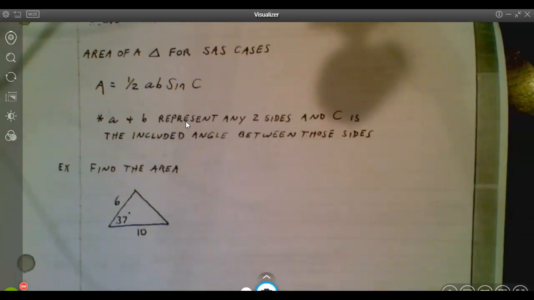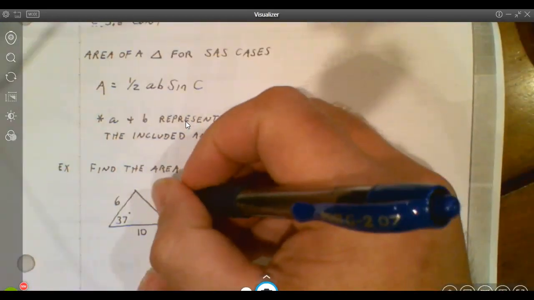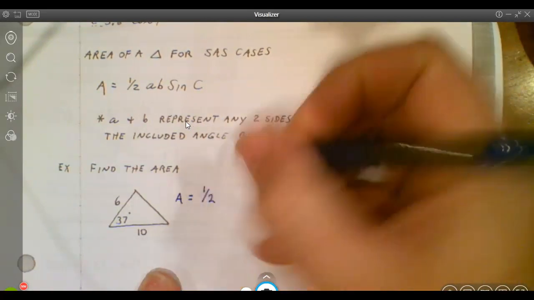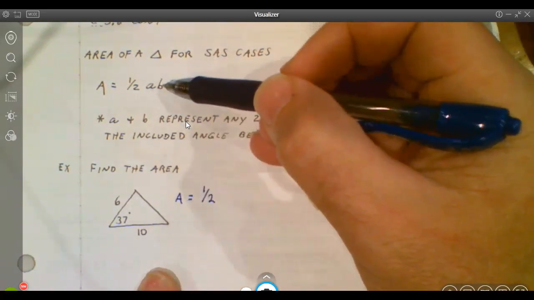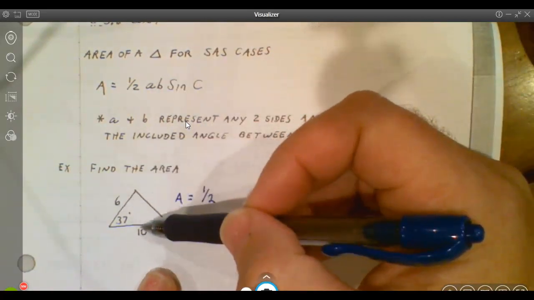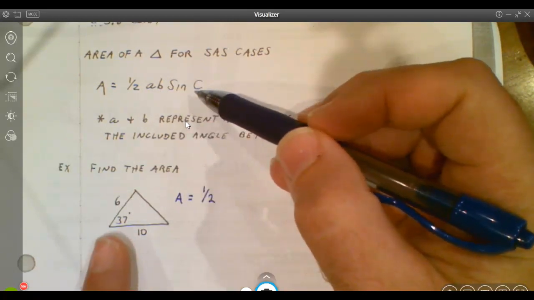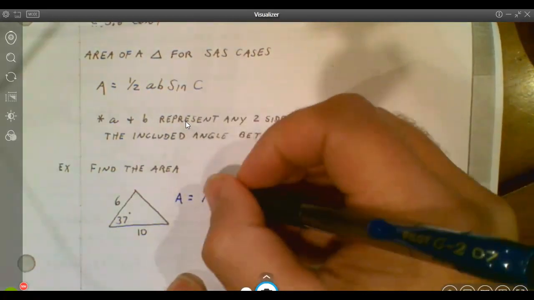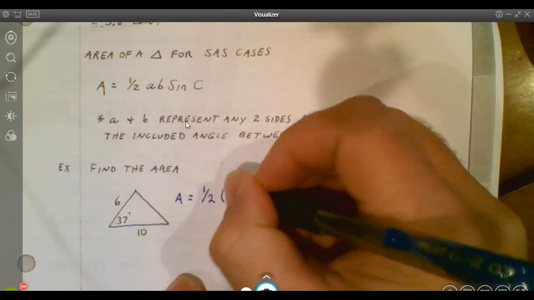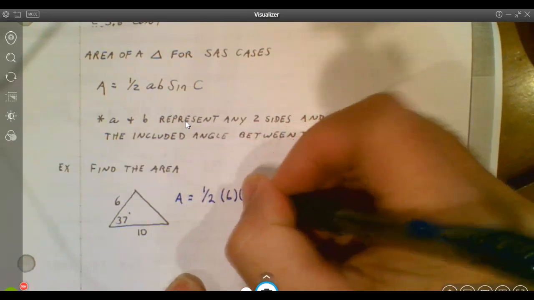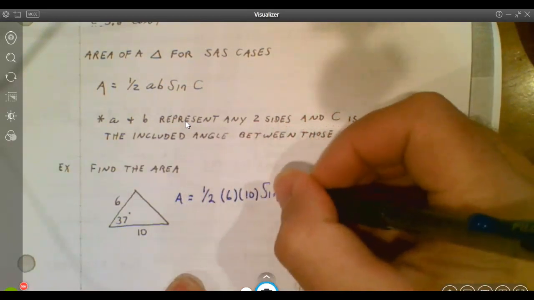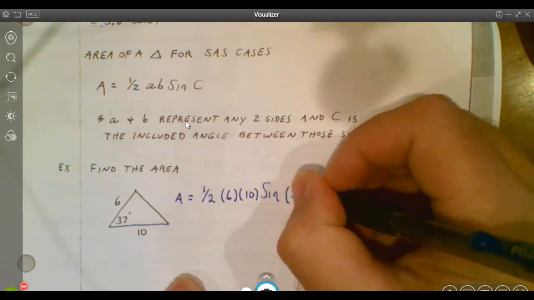To find that area, I'm just going to plug into my formula. So 1/2. The lowercase a and b represent the two sides that I know. My C represents the included angle. So I know the sides of 6 and 10, and the sine of the included angle, which is 37 degrees.